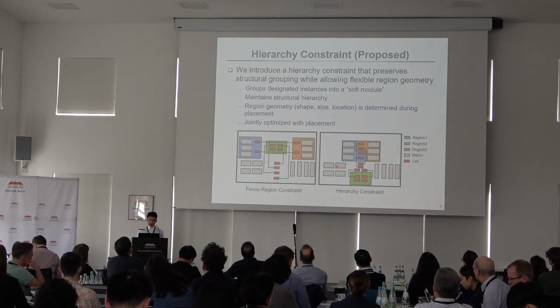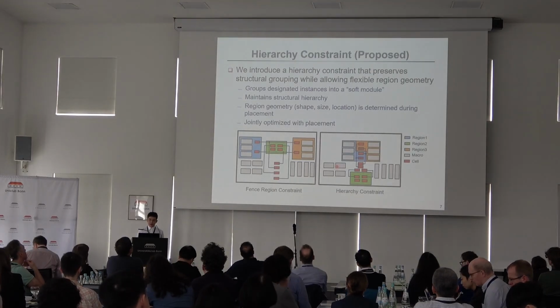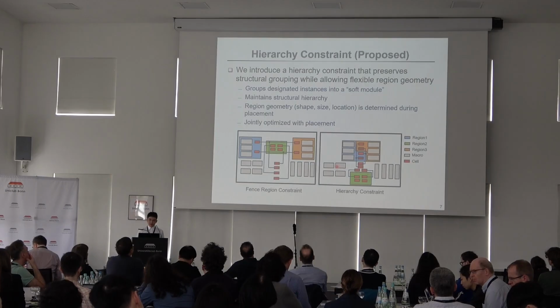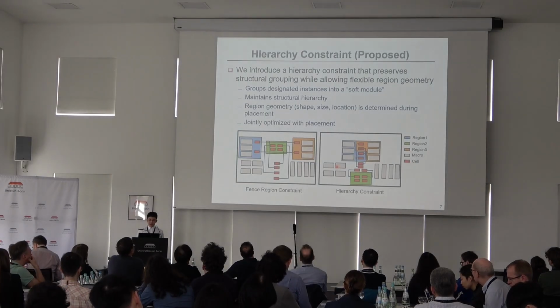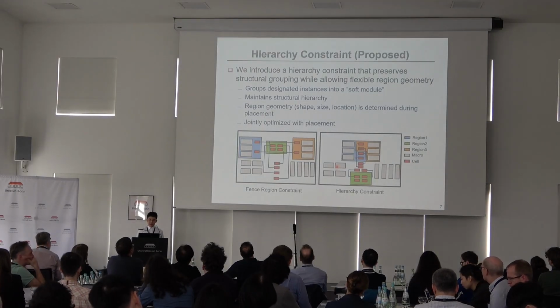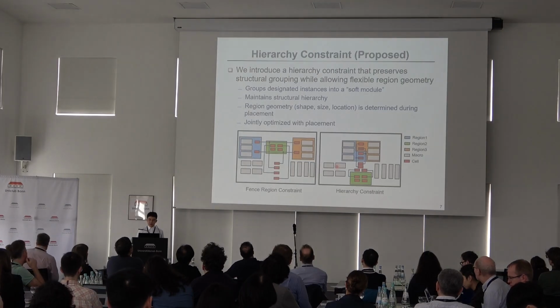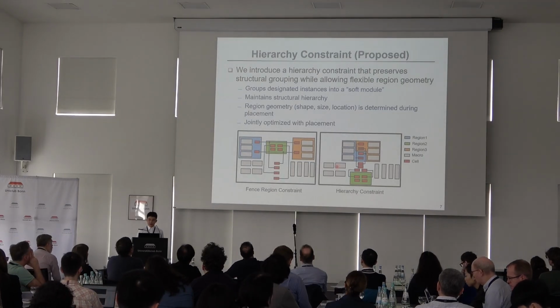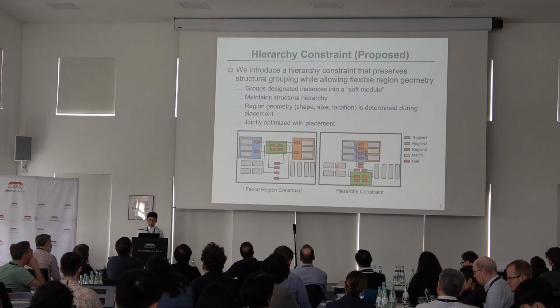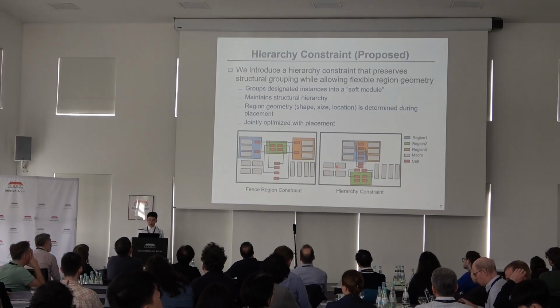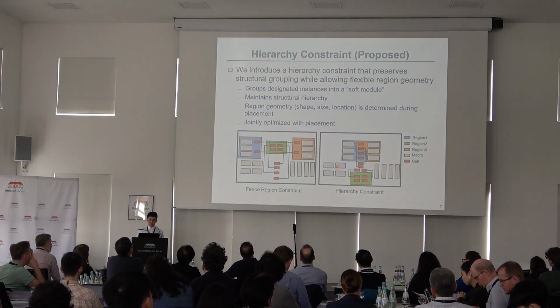We introduce a hierarchy constraint that preserves structural grouping while allowing flexible region geometry. Instead of predefined fixed fence regions, we group designated instances into submodules. The region's shape, size, and location are determined dynamically during the placement and jointly optimized with macro and cell placement. This maintains hierarchy without restricting flexibility.